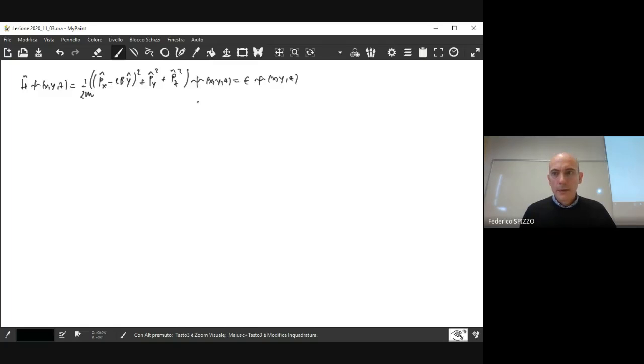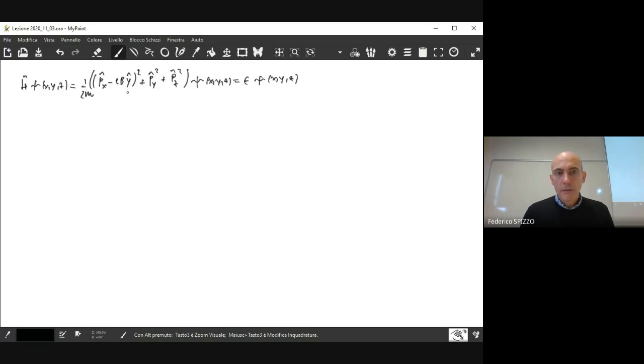Yeah, so we have this expression for the Hamiltonian, and as you see, we have Px, Py, and Pz that are the three momentum operators, the same operators that were found in the pure free electron case. We have an additional Y operator here.